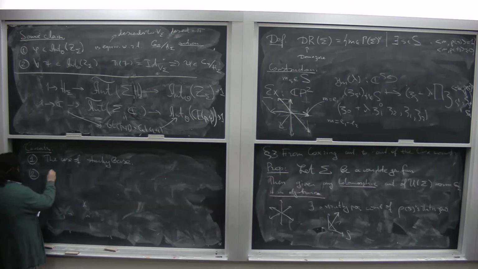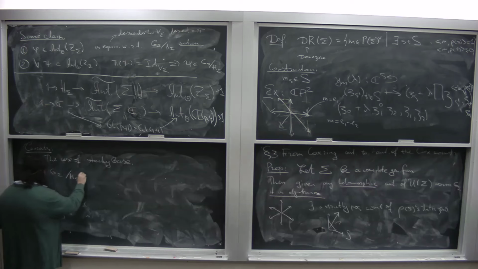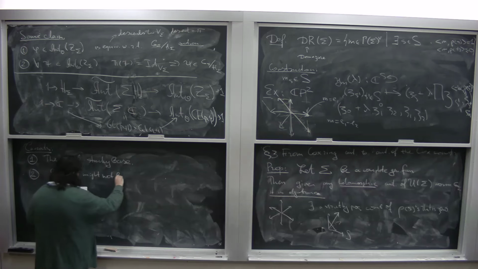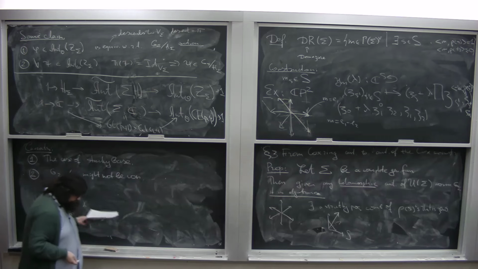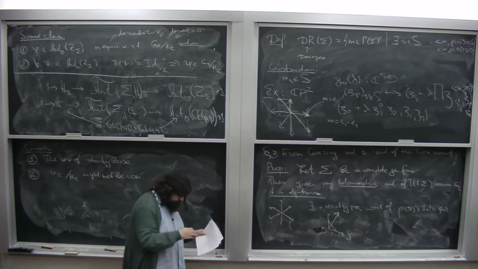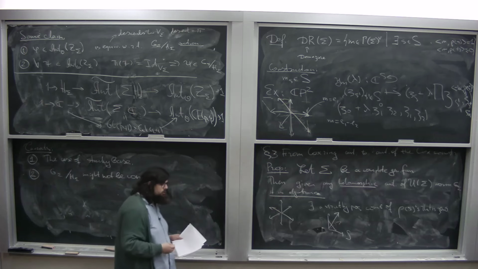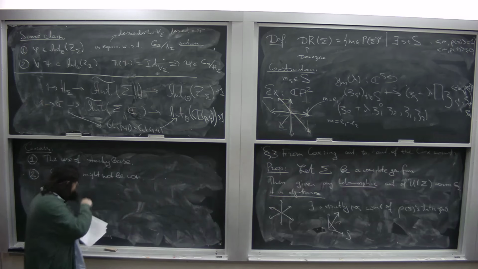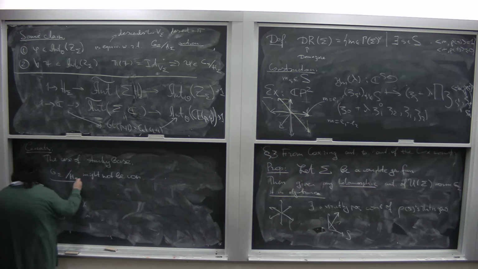Another very slight difficulty is that in general, this thing might not be connected because, for toric varieties, G sigma can be a torus times a cyclic group or a product of cyclic groups. But this is also very simple to fix.